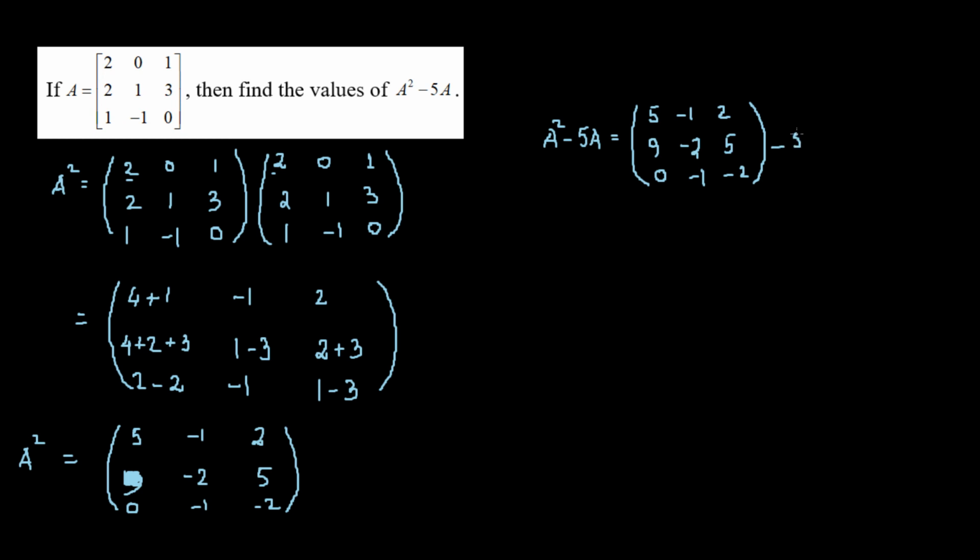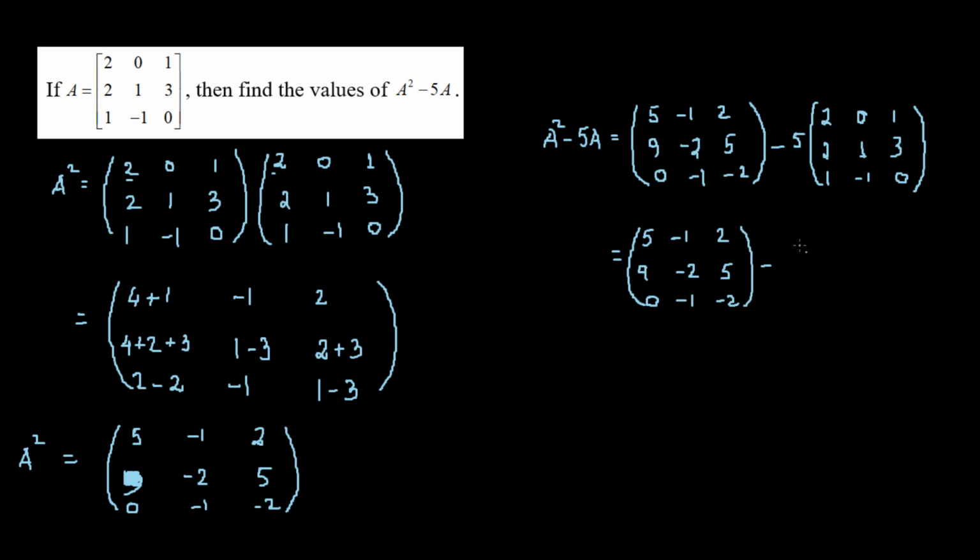minus 5 times A, which is 2, 0, 1, 2, 1, 3, 1, negative 1, 0, which is equal to, again we have 5, negative 1, 2, 9, negative 2, 5, 0, negative 1, negative 2.